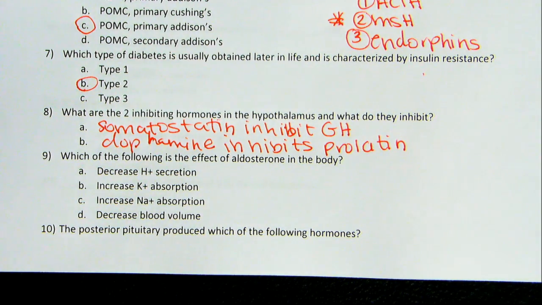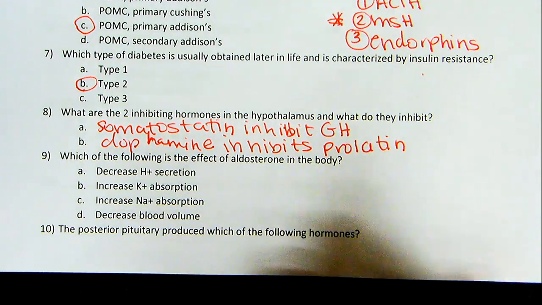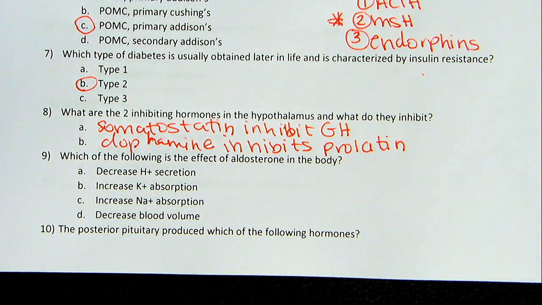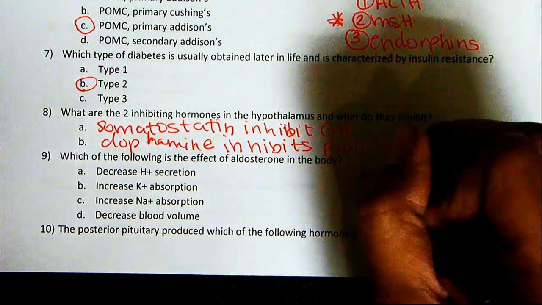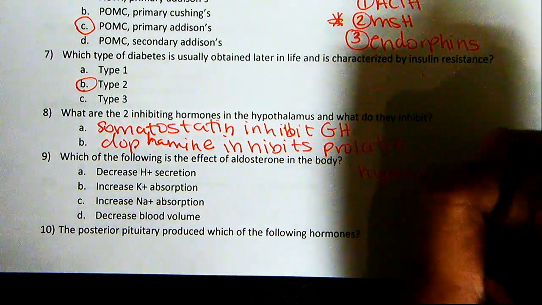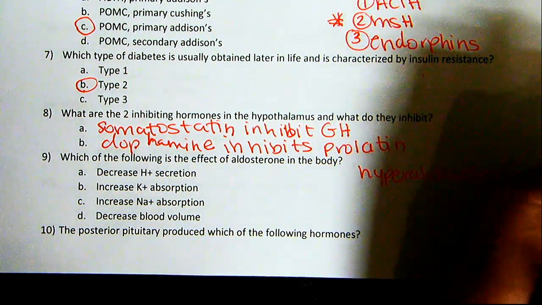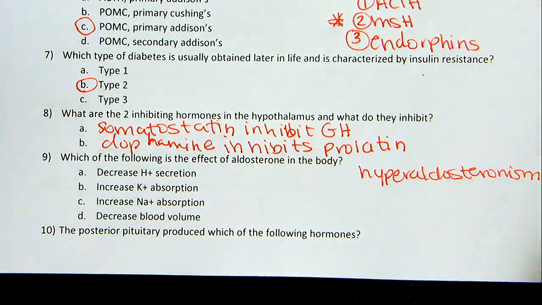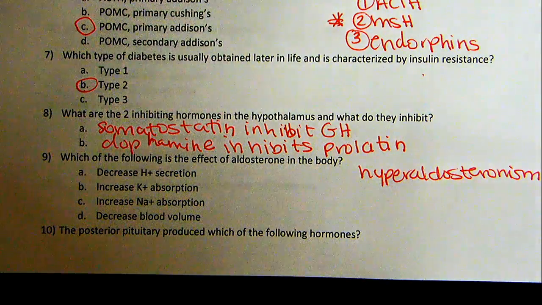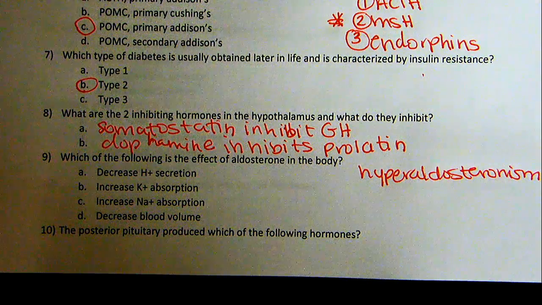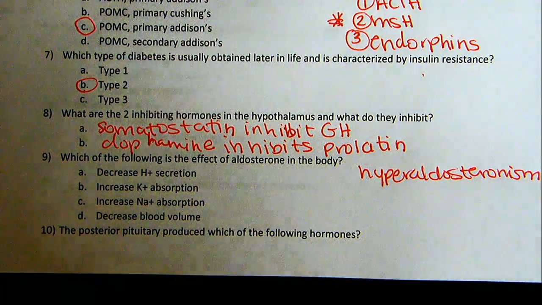Which of the following is the effect of aldosterone in the body? When I'm looking for the effect of aldosterone, I'm thinking of hyperaldosteronism. And what 2 effects does hyperaldosteronism have? Good.